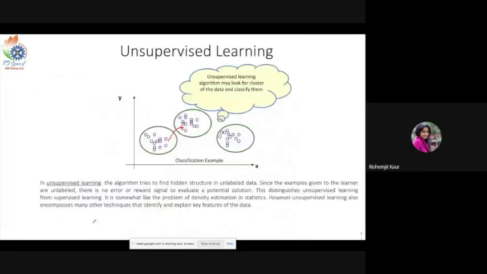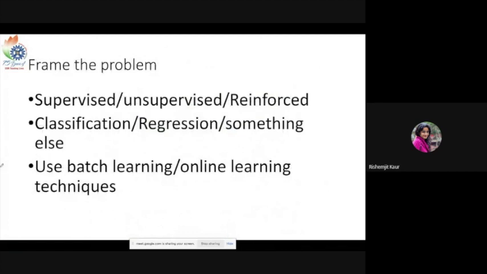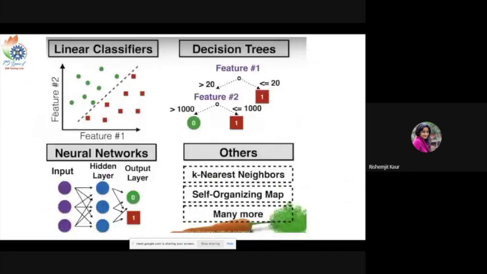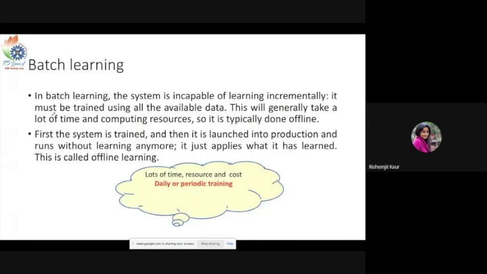Now this was mostly about the kind of problem, the first thing that we did: supervised, and then classification and regression. Now the next thing we will learn here is whether it will be batch learning or online learning. What is the meaning of batch learning? It is where you have all the available data, and you feed all of that data to your algorithm.